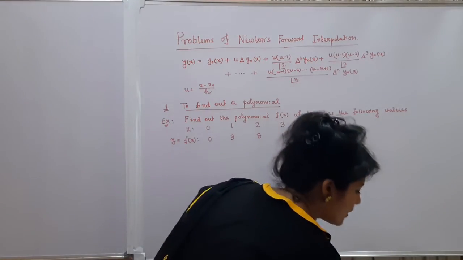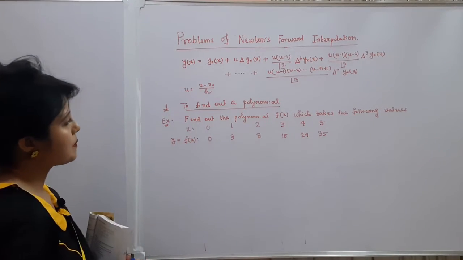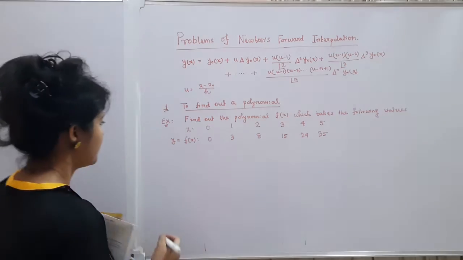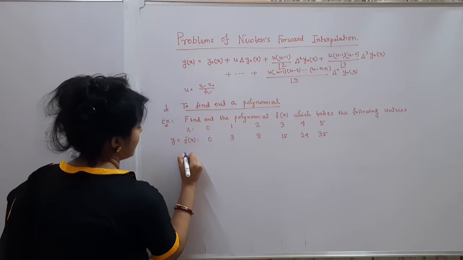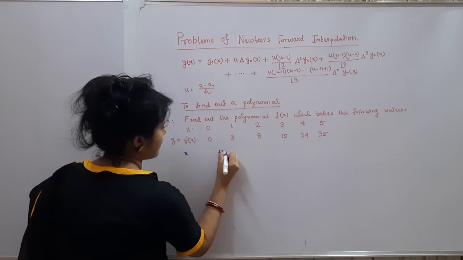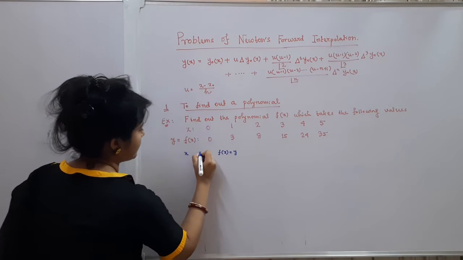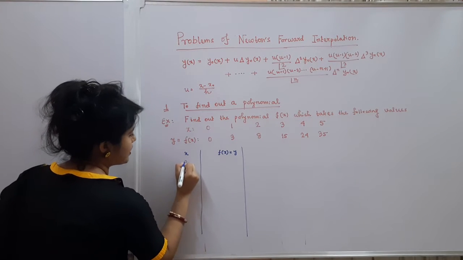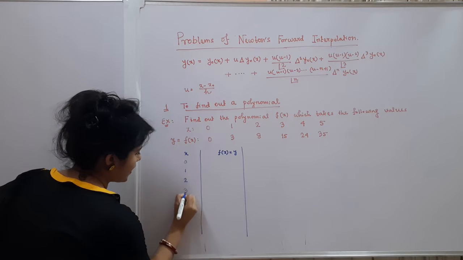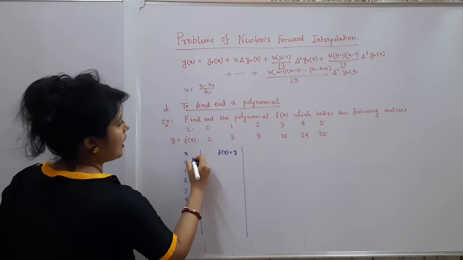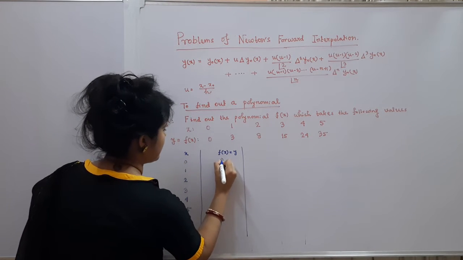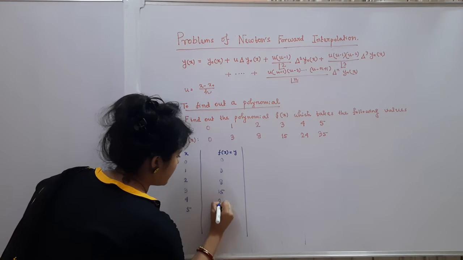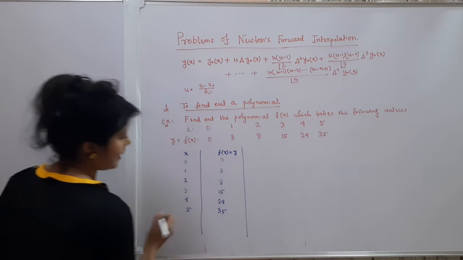Okay, now for which first I need to create a finite difference table. So this is x and this is f of x, that is y. So this is the table. Now 0, 1, 2, 3, 4 and 5, and for f of x it is 0, 3, 8, 15, 24 and 35.